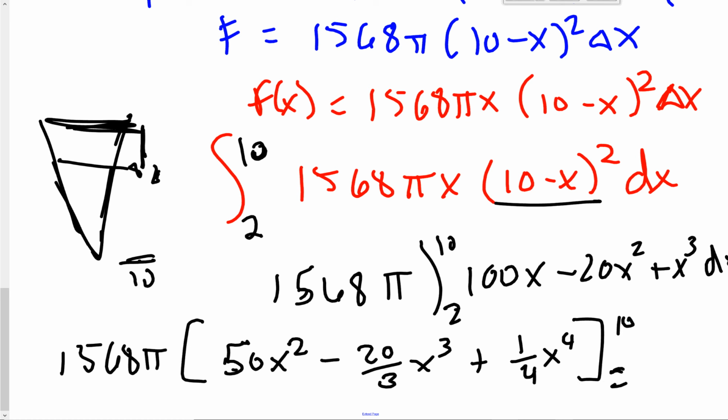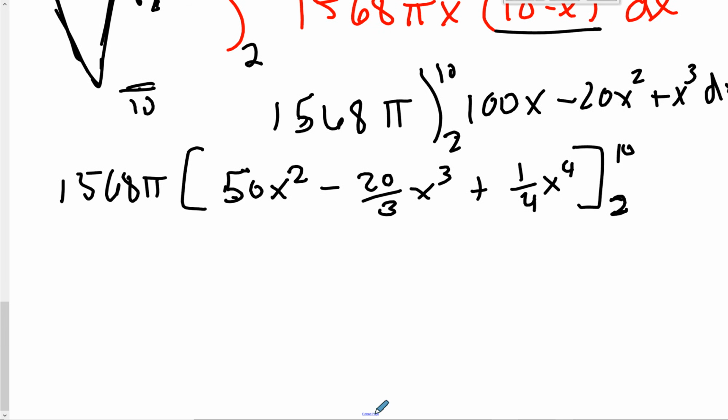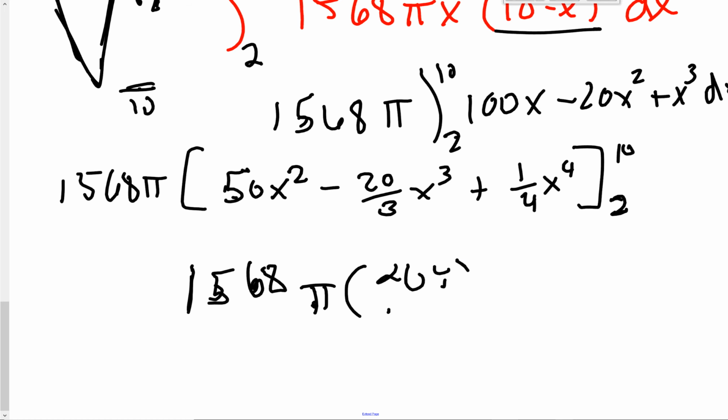So you plug in 10, plug in 2, a lot of work on your calculator, but you get something that looks like this. That's a 6 in there, that's a 5, that's not an I, it's a 1. Pi. My little pen is not working, but we're almost done with this video. And then 2048 over 3.